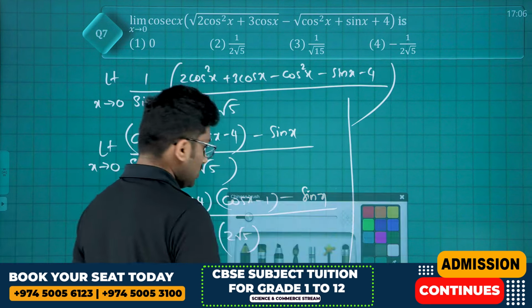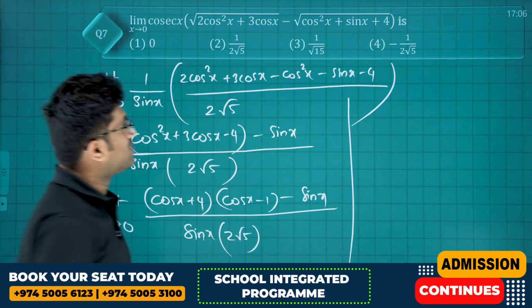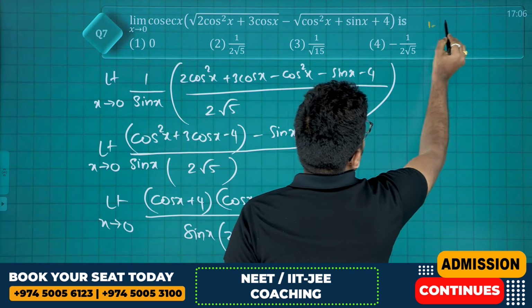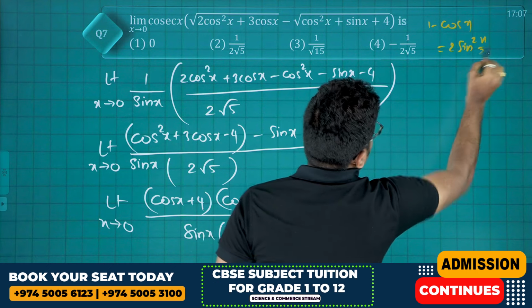Okay, we will do one thing. We can use the formula 1 minus cos x is equal to 2 sin square x by 2.